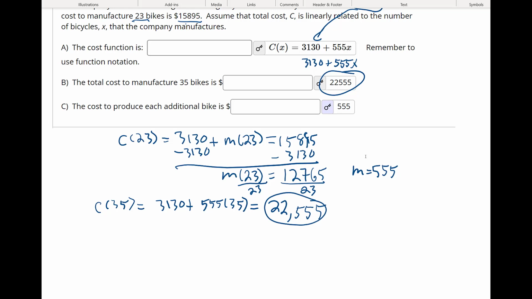And the cost to produce each additional bike is, well, that's our slope. And that's it.